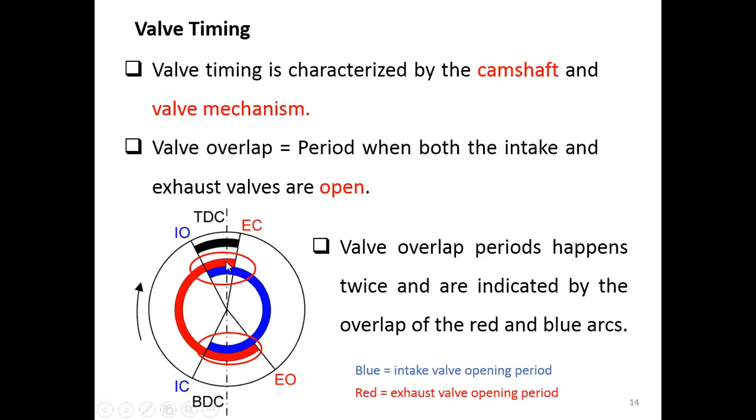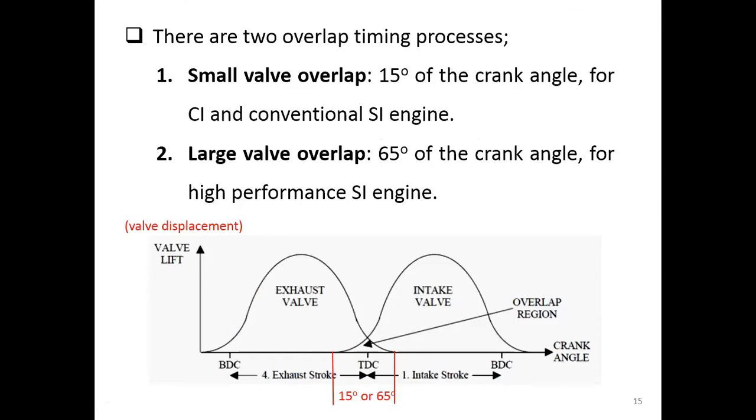In this picture, you see the area where the red and the blue overlap with each other. That means this area represents when both intake and exhaust valves are open, and this happens twice, not only once, two times during the cycle of the engine. So there are 2 overlap timing processes.